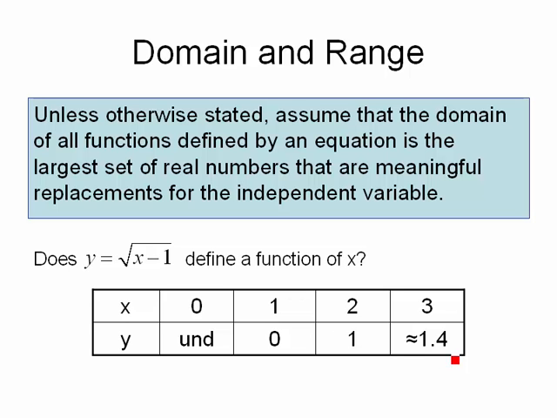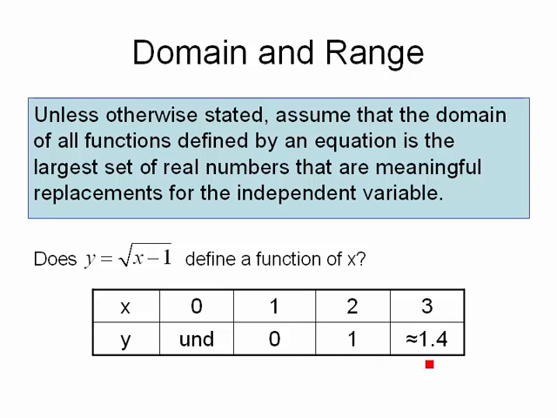Now, notice, each time I put in a number, I got out a number or I got out nothing at all. So this is kind of telling us two things. First of all, because we got undefined here, 0 isn't a part of the domain. But every other number that I put in here, things that were either 1 or bigger than 1, when I put those numbers in, I got out only one output.